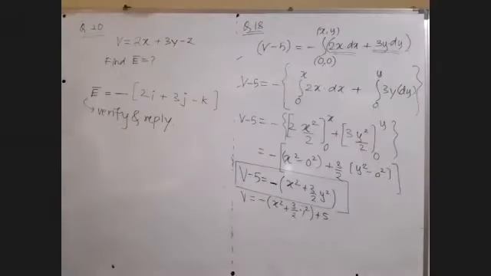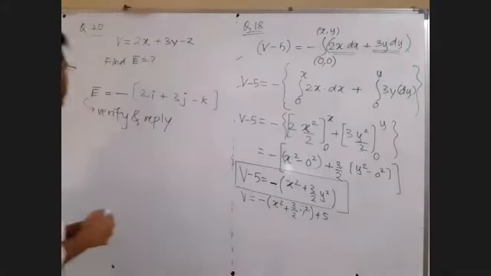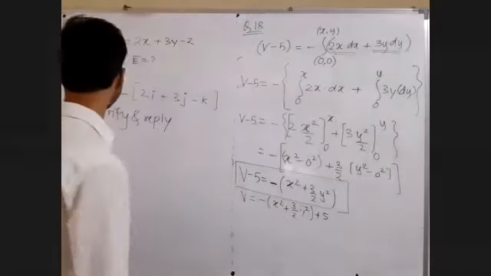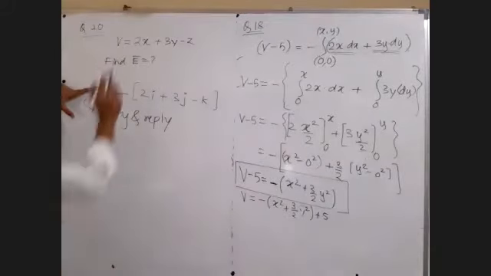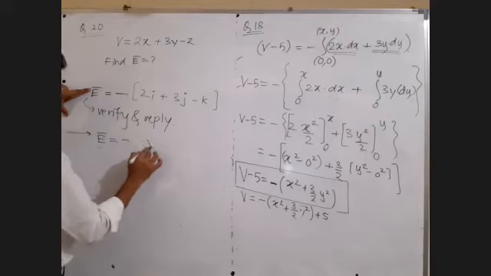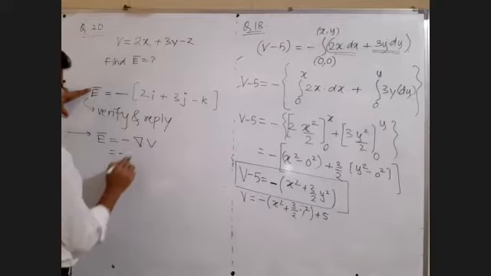So, sir, we were solving this example, and in this example, we have to find the electric field. So, which formula will we use? The electric field one or the potential one? Sir, we will use the electric field one. Yes, let's do it. E bar is equal to negative potential gradient.